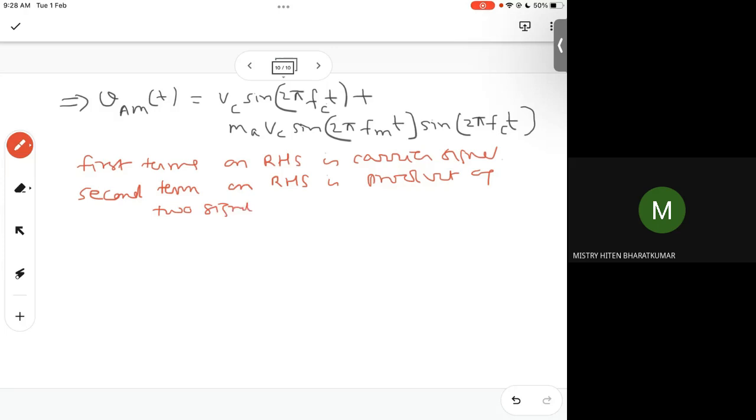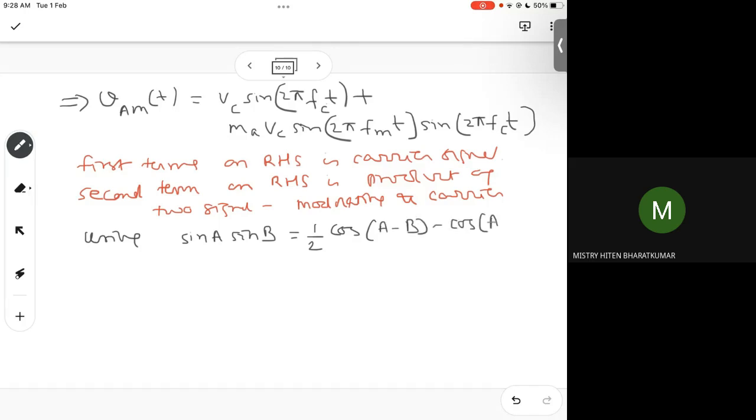What are those signals? One is the modulating and the other the carrier signal. That is very clear. So what we do here, now we know sin A sin B, so here also we use that identity. This is like two sine functions. I know that it is given as half of cos(A minus B) minus cos(A plus B). You can assume sine and cos in the first expression only, but it needs to be sinusoidal.